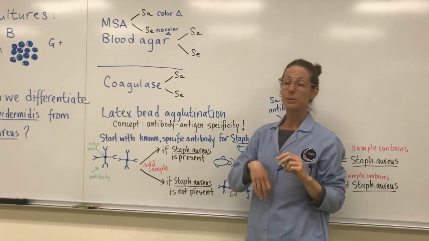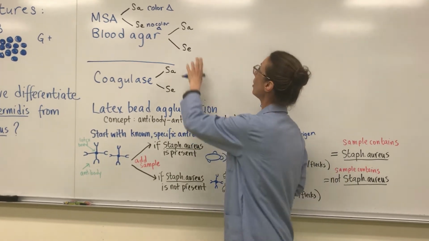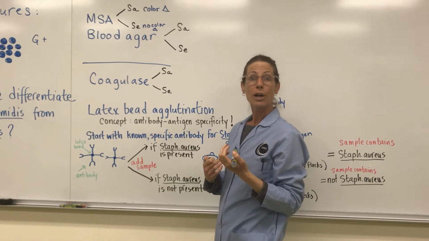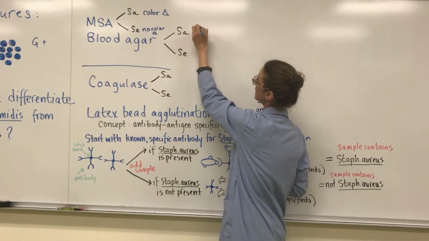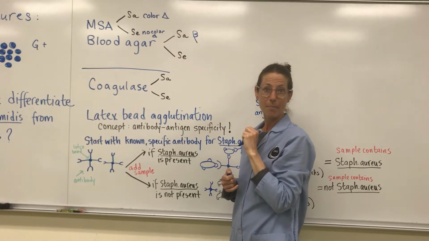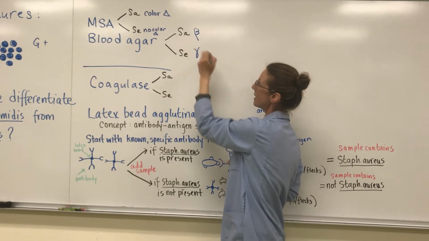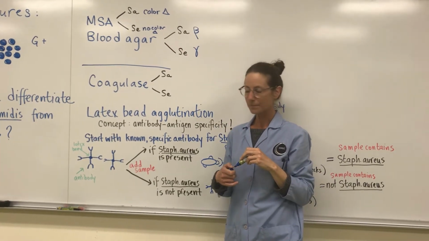And how about with blood agar? What have we talked about with blood agar? We know that this is differential for hemolysis. And so with Staph aureus, typically we see beta hemolysis, whereas Staph epidermidis is non-hemolytic or gamma hemolytic.